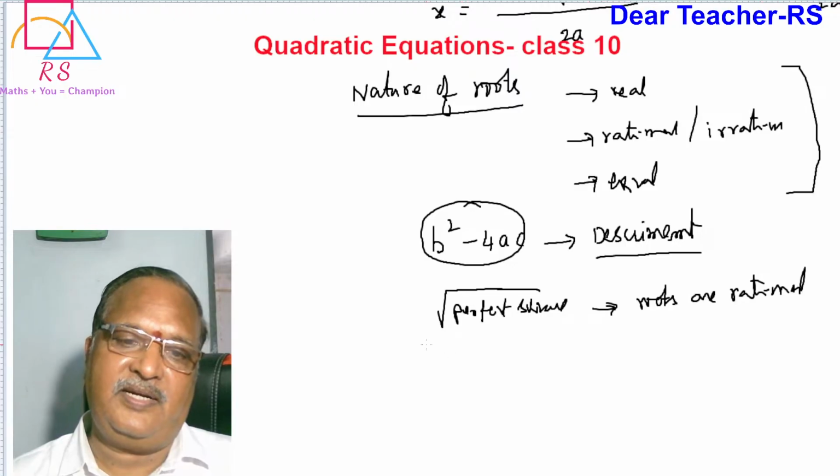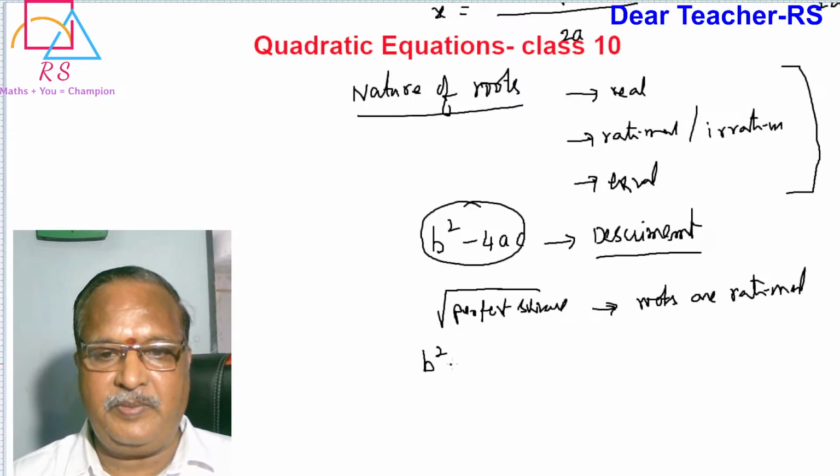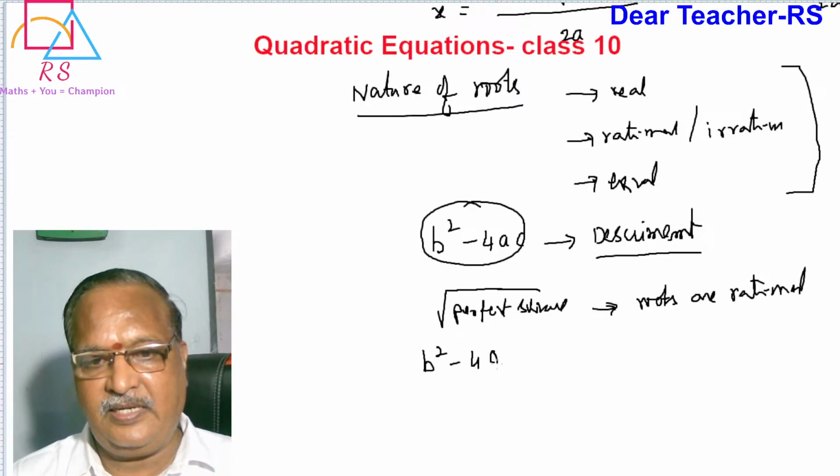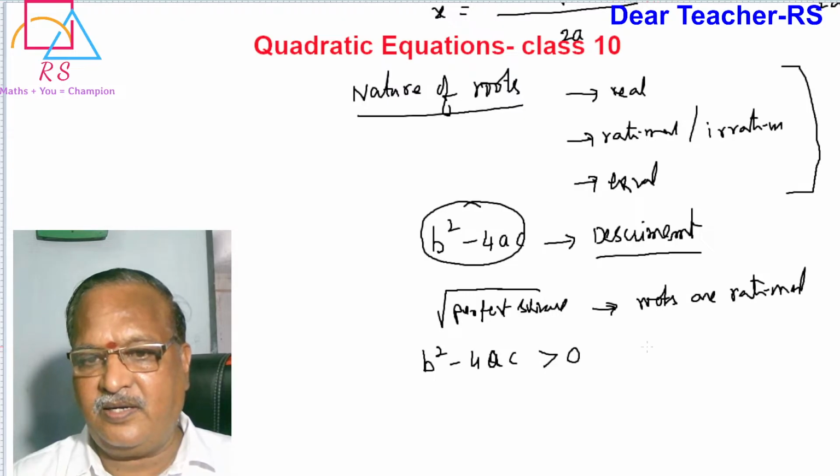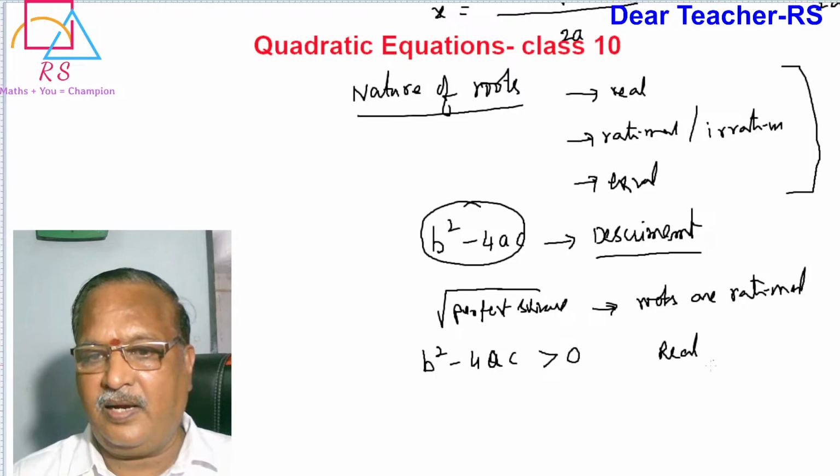Otherwise, the roots are irrational. If b square minus 4ac is greater than 0, then the roots are real and unequal.